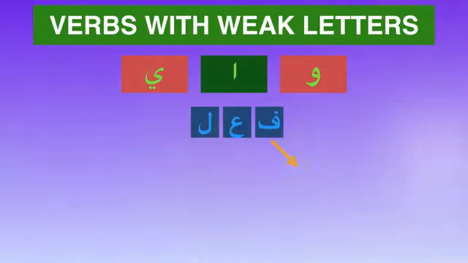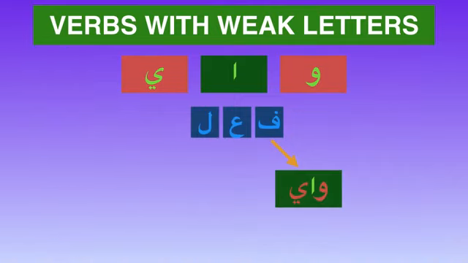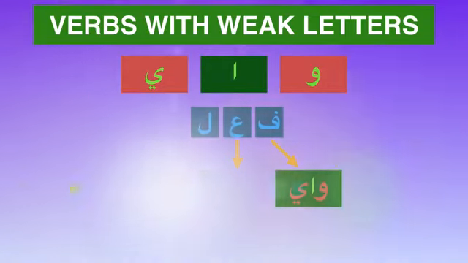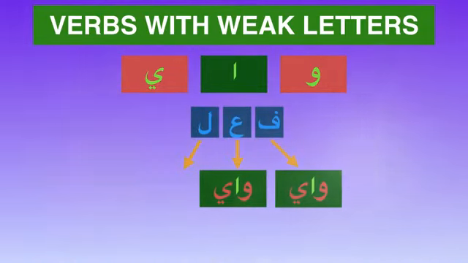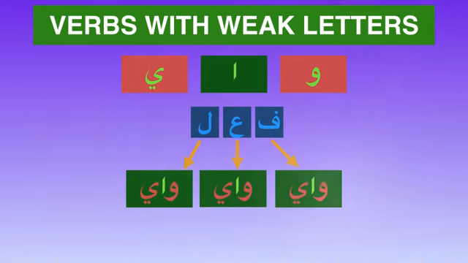They can come in the position of fa kalima, on the ayn kalima, and also at the lam kalima. So we have certain names given to each of the fa'als which carry these weak letters in each of the kalimas.